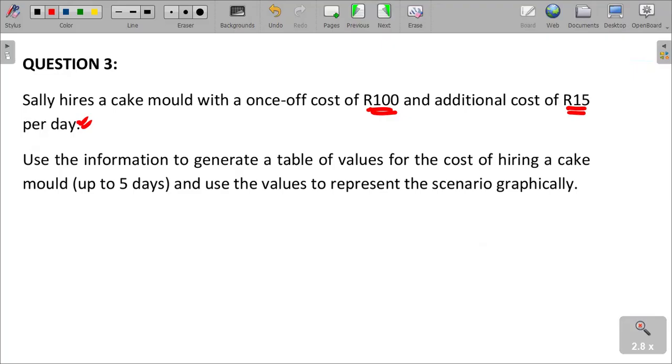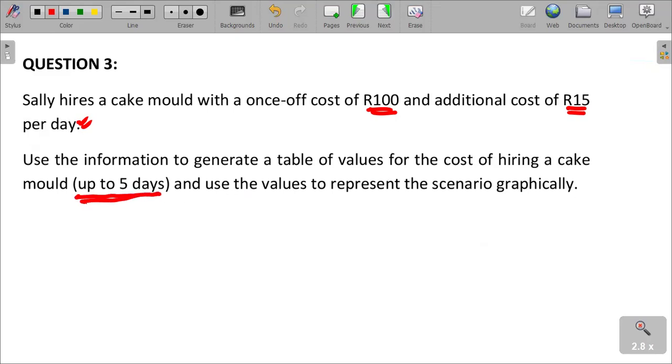So for question number 3, the question wants you to identify first that you use the information to generate a table of values for the cost of hiring a cake mod up to 5 days. The question wants you to see that it is hired up to 5 days.